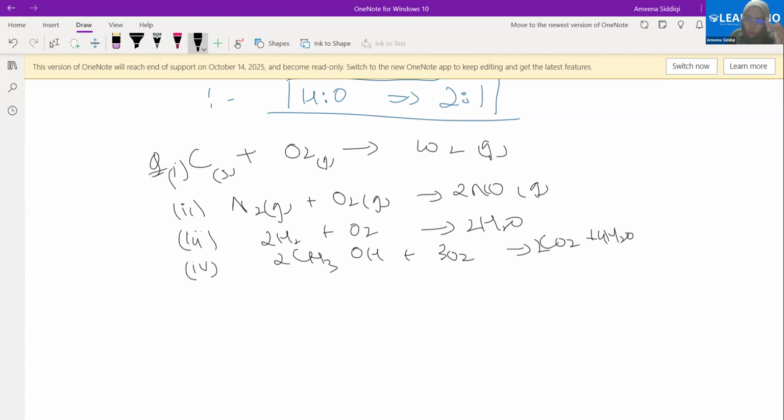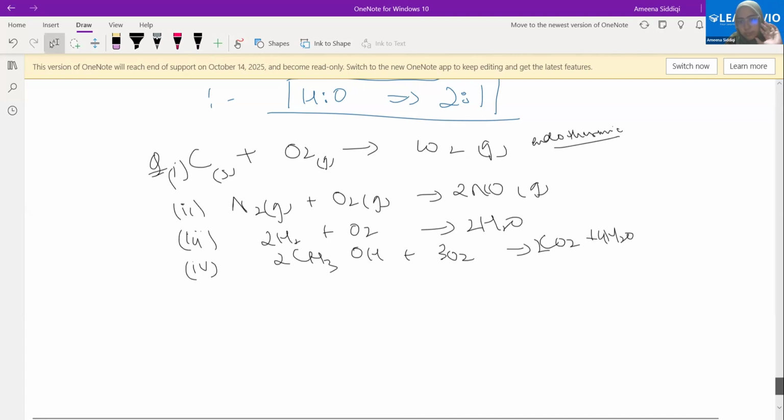Fine. So these are the 4 options that are given to you. Can you please identify the reaction which would be endothermic in nature? You have understood the question?